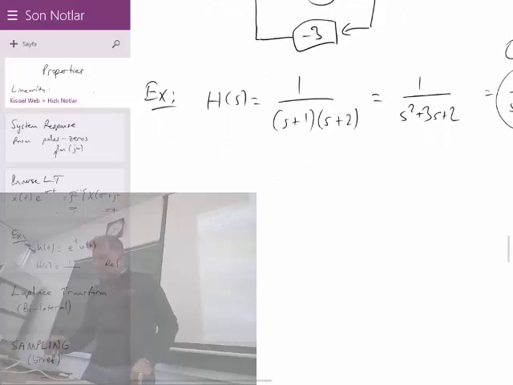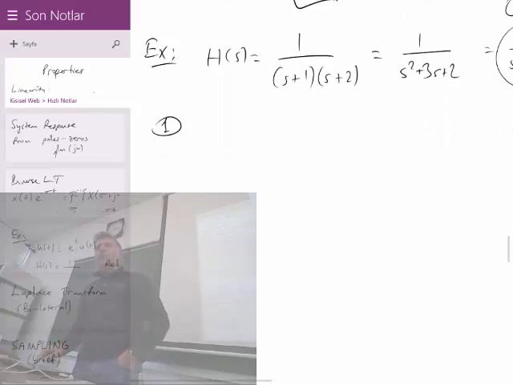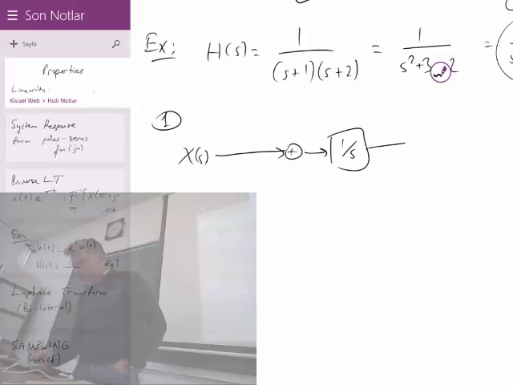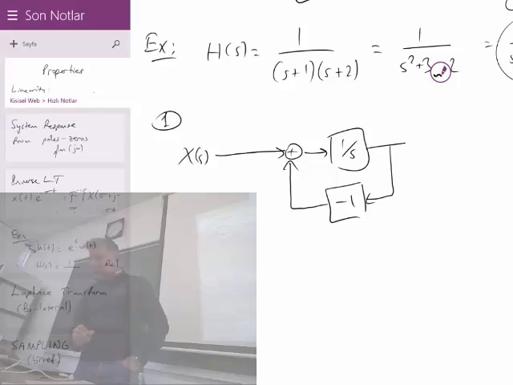How do we draw 1? 1 over s plus 1 starts with an input, so x of s is here, and its output is here with a feedback of minus 1, like this. Do you agree? This is 1 over s plus 1.